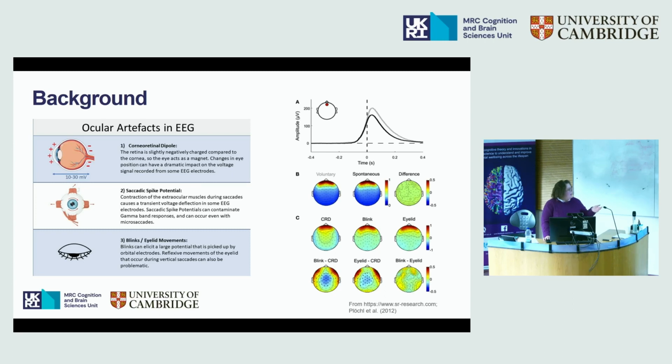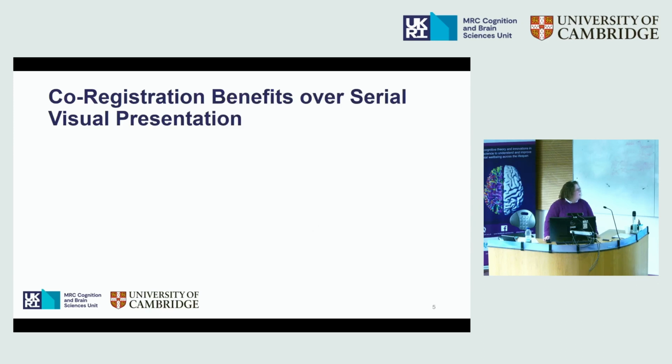So despite having all these problems when letting our participants move their eyes in our paradigm, we think it's still worth giving it a try and trying to correct for these artifacts. And this is because letting our participants move their eyes can open up a whole different type of paradigms, and it also has the huge benefit of making it possible to analyze brain and behavior at the same time.